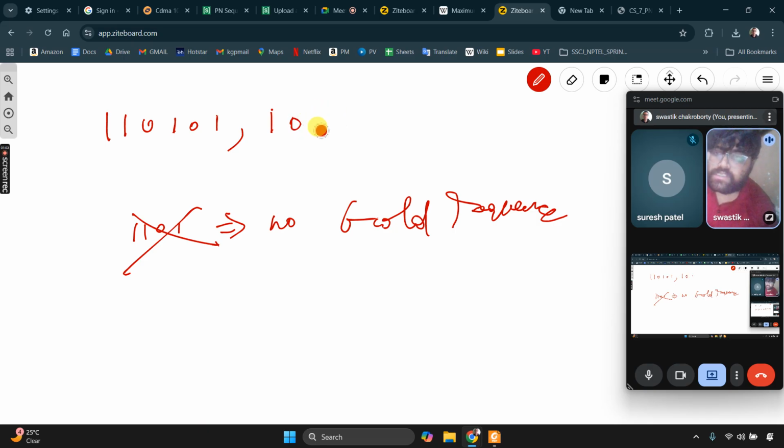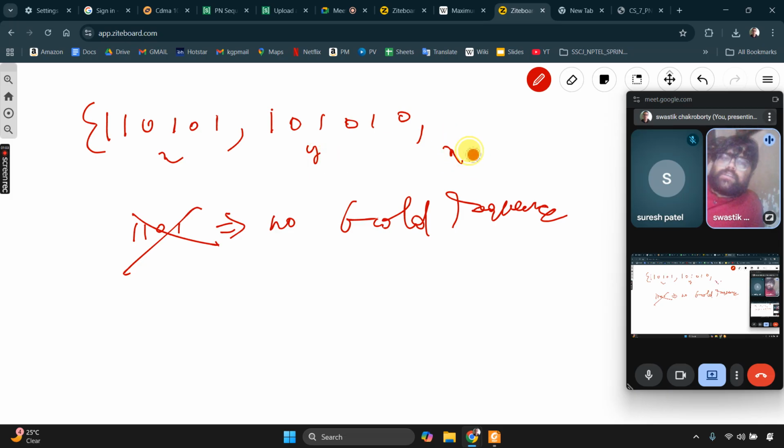So now this is 101, say 010, something like that. So this is one sequence, another sequence. The Gold set will be constructed by this, then you take the XOR. So this is x, this is y.